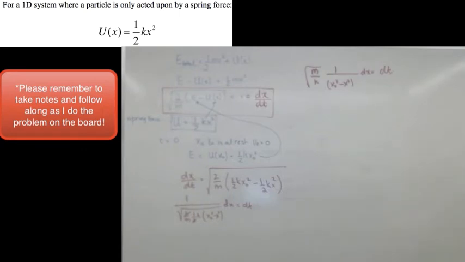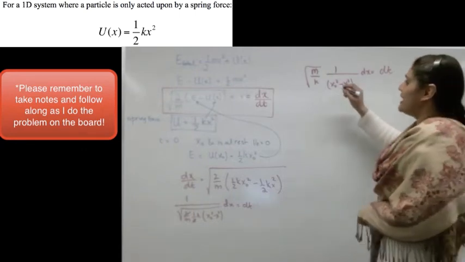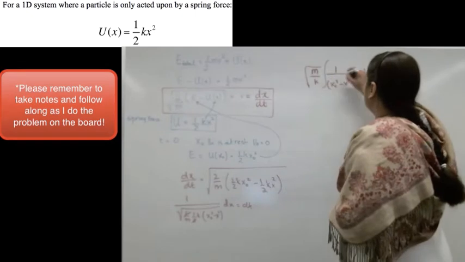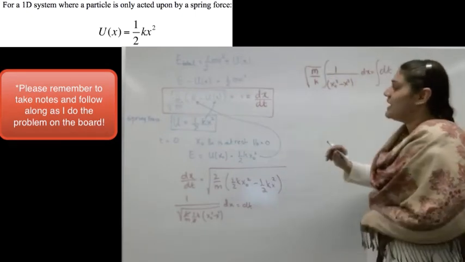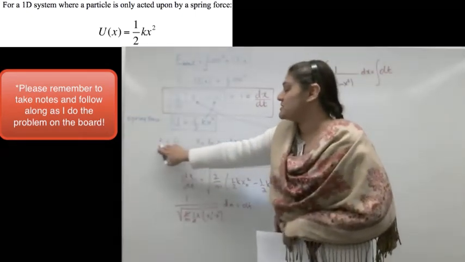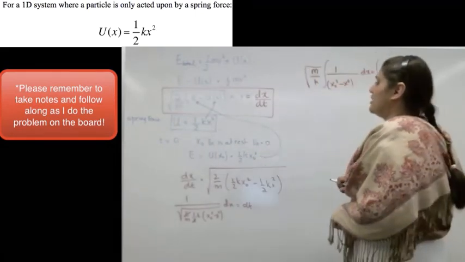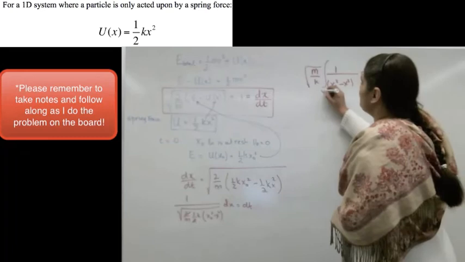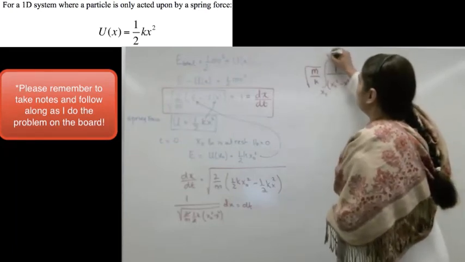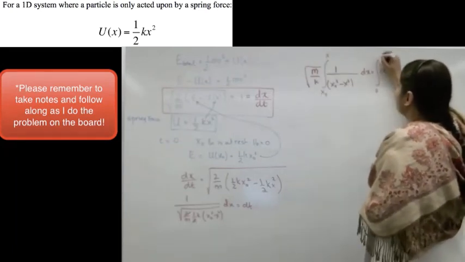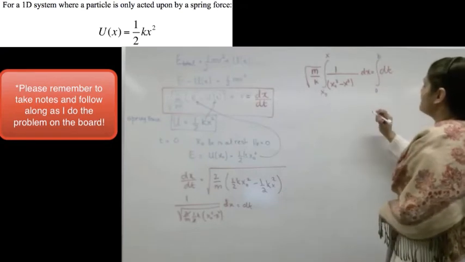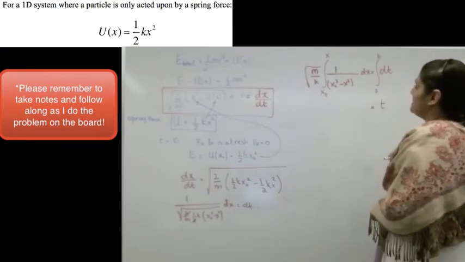Okay, so now that we've done that, can I integrate? Absolutely. So if I take an integral here, I can take another integral here. And I go back to my boundary condition, which says that t equals 0, x equals x naught, and v equals v naught. Okay? So this means my limits of integration will go from x0 to x and from 0 to t. This side of integration is easy, so I'm just going to get a t here, right?